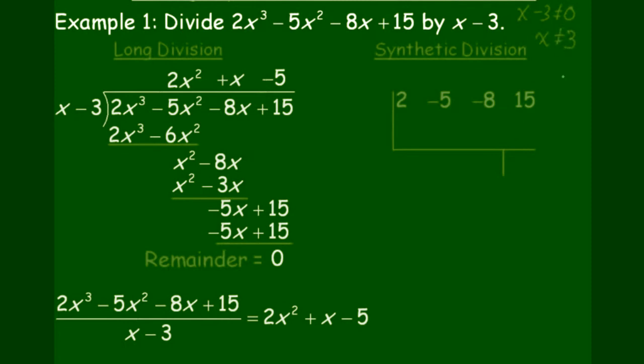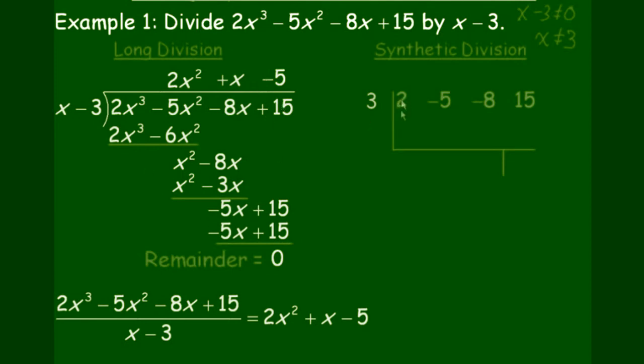That is the restriction on the division, because 3 is the number that would make this factor 0. 3 minus 3 is 0. So we put a 3 here, and notice it is always the opposite sign of this in synthetic division.